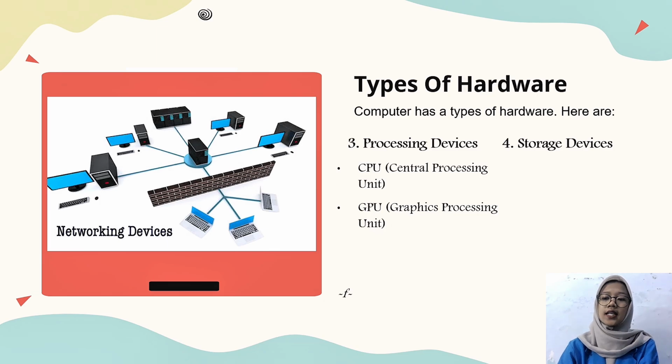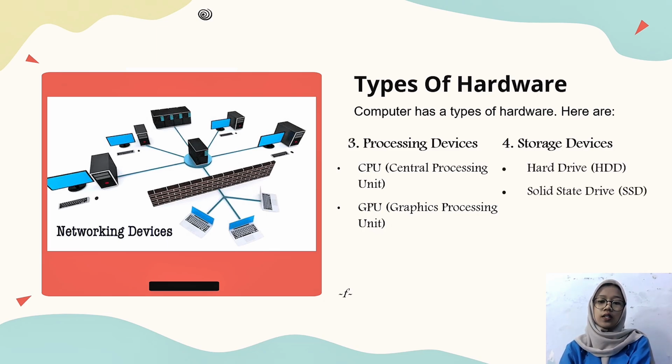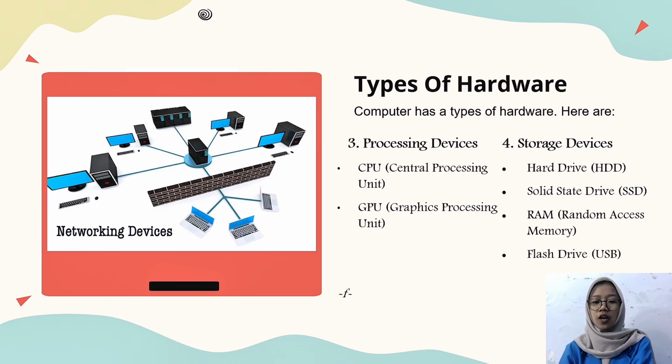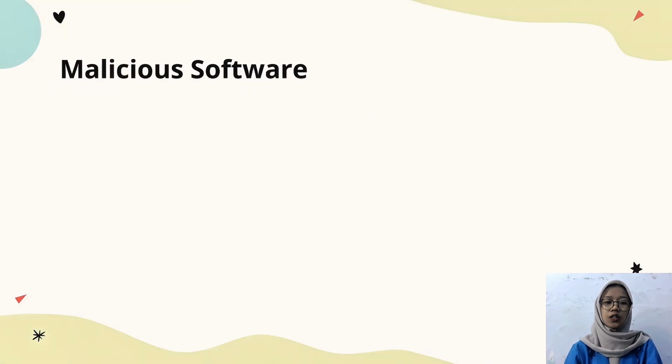A storage device is a computer device that is used to save data into the computer from the computer or another source, like hard drive, solid state drive, and RAM, random access memory. Of course, there is a flash drive or USB. That is the explanation of hardware. So we can continue to malicious software.